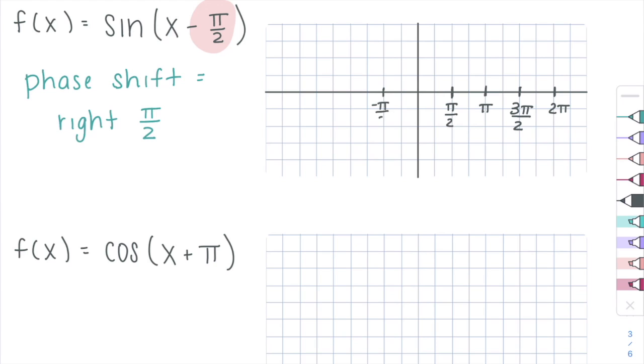Negative pi over 2. Negative pi. Negative 3 pi over 2. Negative 2 pi. And now I can still count by ones. That's fine. I just wanted to be able to write in those radian values for you without having to totally squish them so you could easily see them.